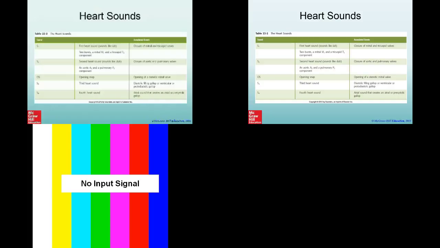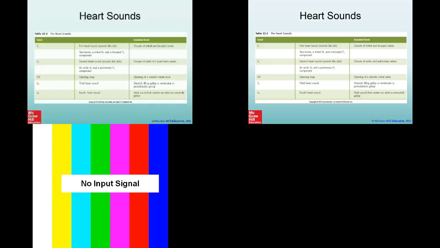There might be an opening snap if you have a stenotic mitral valve. What does stenosis mean? Yeah, narrowing. So if you've got a narrowing of that, you can get what's called an opening snap.